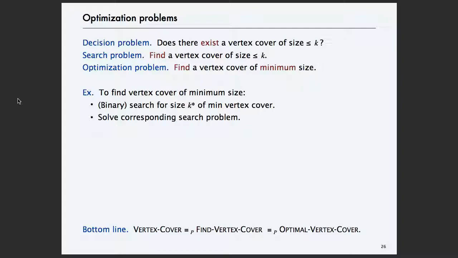Is that just for this example, or is it in general? It's in general. Decision to search is equivalent to optimization, in terms of polynomial. It doesn't mean that they take the same time. But you have to be slightly careful in that the k has to be polynomially related to the size.